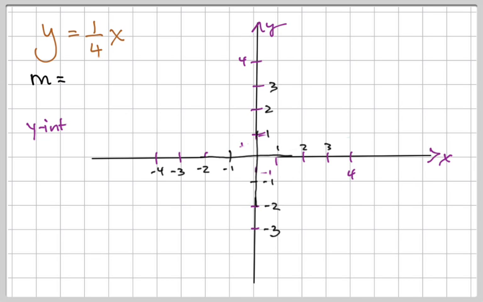What's the slope? What's the y-intercept? Yeah, that's what we started off with. Plot the point 0, 0.